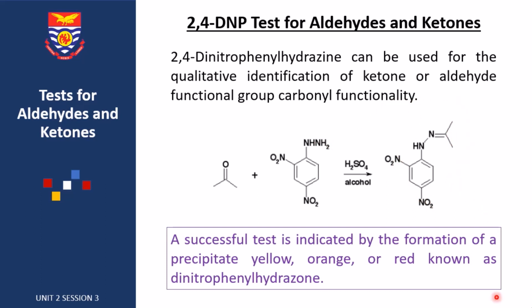A positive test after the addition of 2,4-dinitrophenylhydrazine is indicated by the formation of a precipitate. This precipitate could be yellow, orange, or deep red, and this is attributed to the product that is formed.